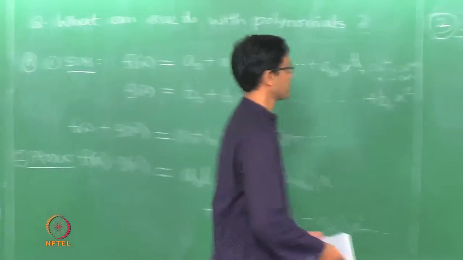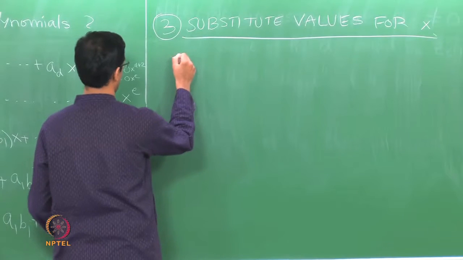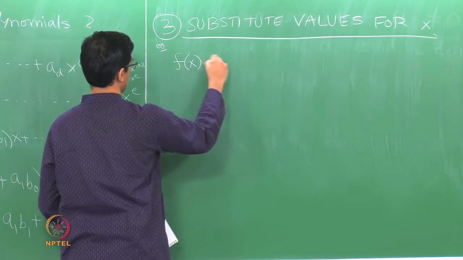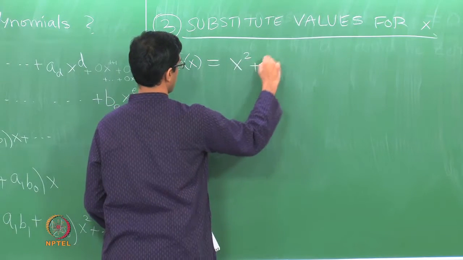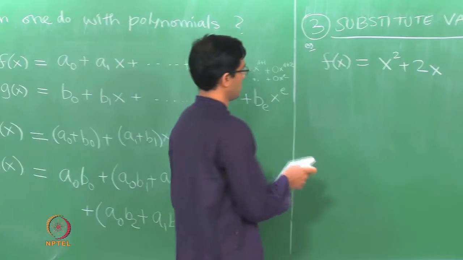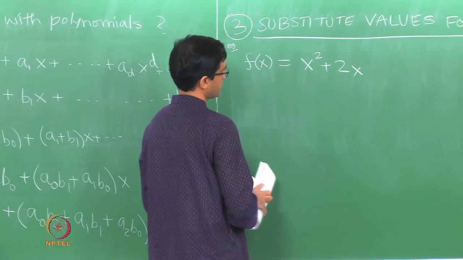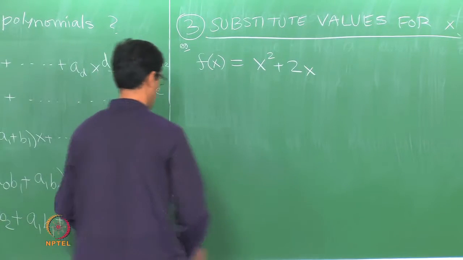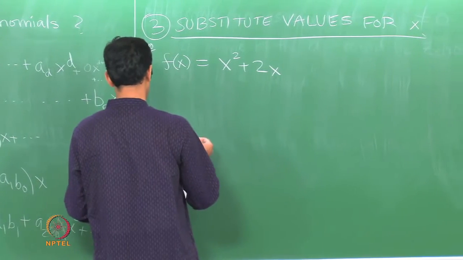So you treat it like a function. If I have a polynomial f of x, again the obvious thing, say I give you x squared plus 2x, then I plug in various values for x. So imagine I am plugging in various real numbers and I could see what happens.